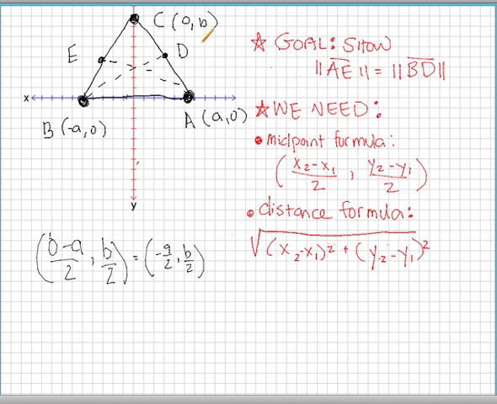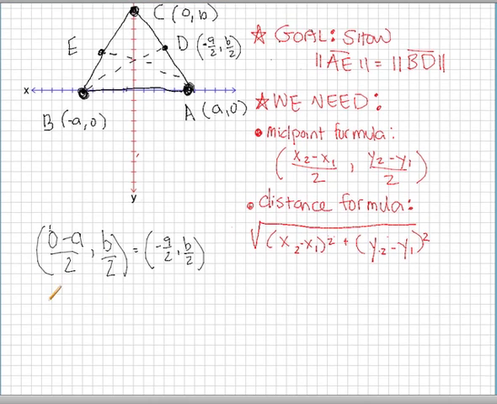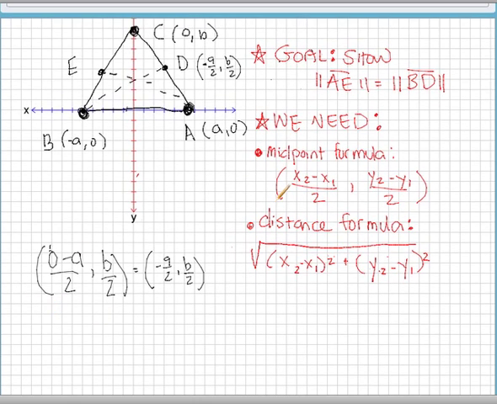So let's go ahead and write that up here. Okay, the next thing we need to do is to find E. We're going to do that in the exact same way, using the midpoint formula.